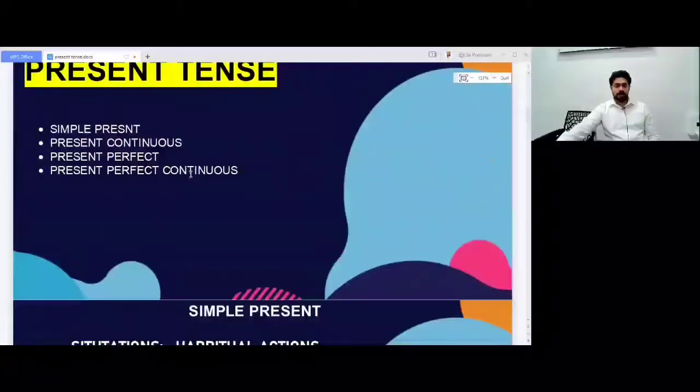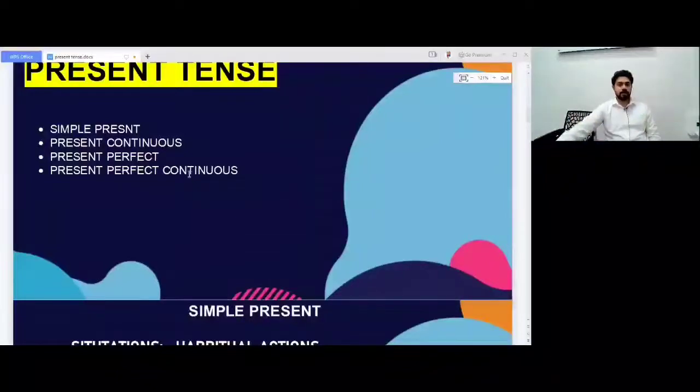As you know, tense is basically seasons, how the language is organized, how the language is spoken in order to speak clearly and make the listeners understand the time of the action which you are speaking about.